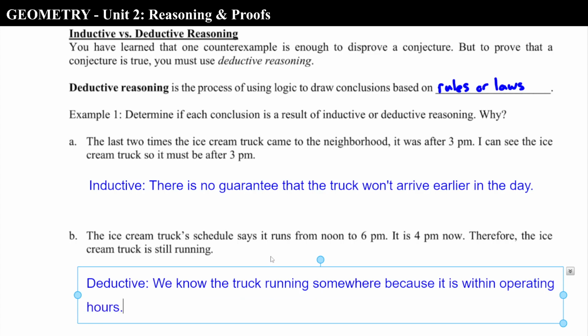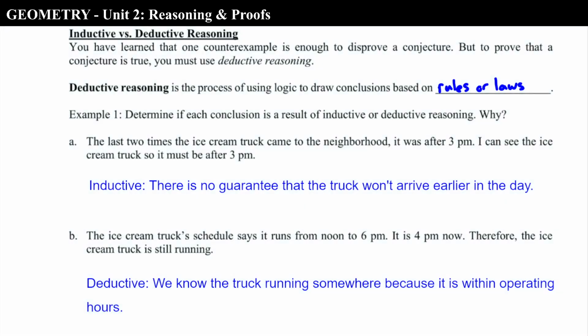Okay? We know that it is operating somewhere because it is within operating hours. And that's because the truck schedule is our law or our rule that we follow to make that conclusion.